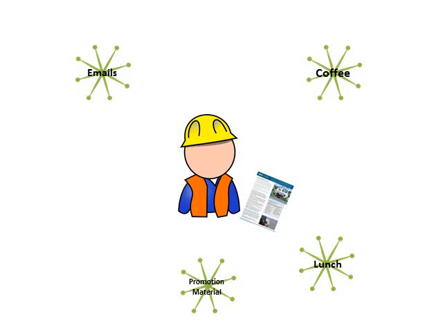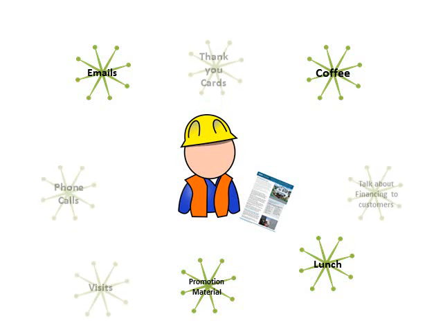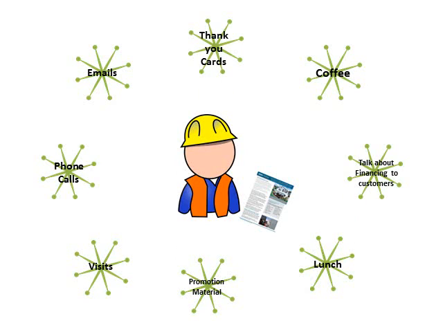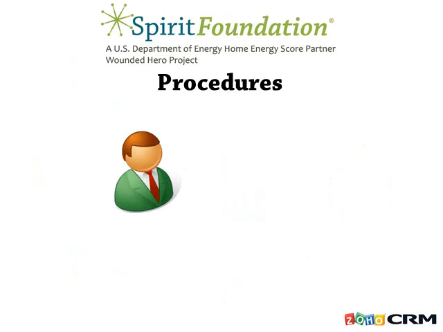Also, inviting Bob to coffee or to lunch to discuss how the financing option works or answer any questions that Bob might have, along with visits, thank you cards, phone calls, and maybe even sitting inside of Bob's office and talking to his customers about the financing options when his clients have questions.